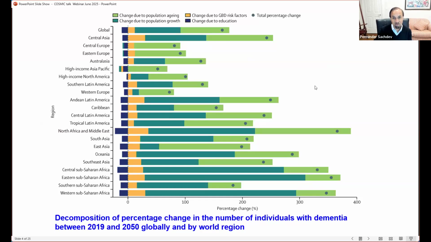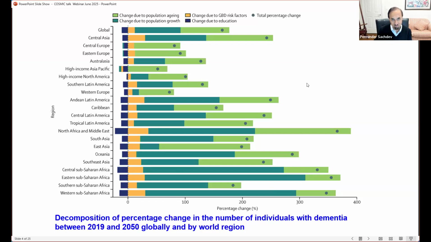But many of the African countries, for example, are growing in population. Change in this is in dark green on this figure, and you can see the dark green is quite large in the African countries.